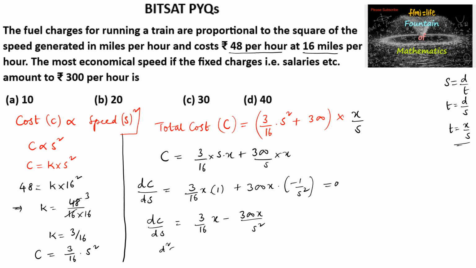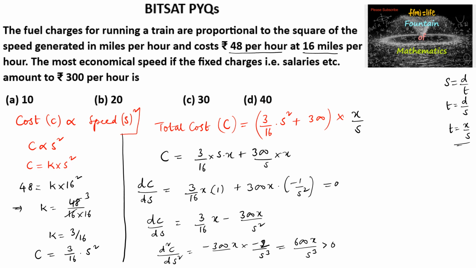Even if you go for double differentiation, d squared C by ds squared is equal to 600x upon s power 3, which is always positive.